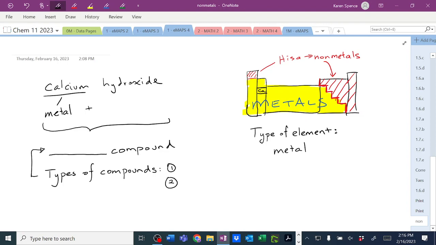Anyone want to give me a type of compound? Yes, ionic. The other type is covalent. Do you know which type of compound starts with a metal? Those are ionic, okay? That's how we know that calcium hydroxide is an ionic compound, because it starts with a metal.